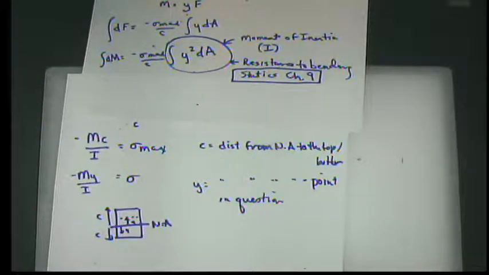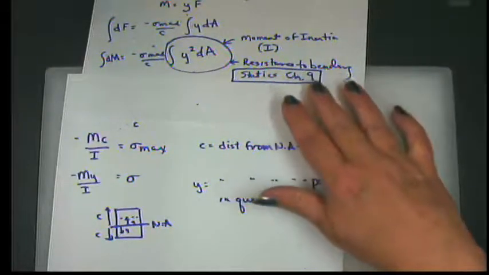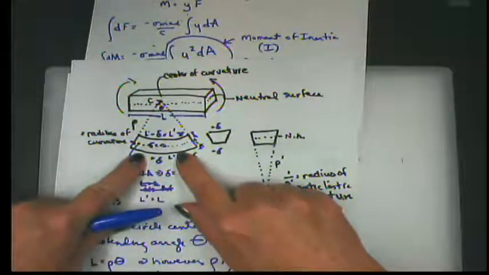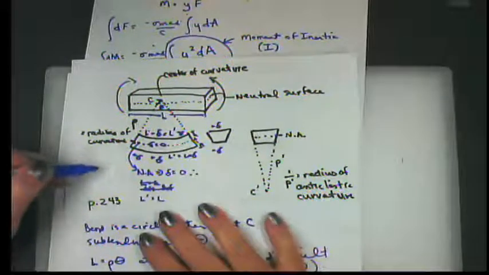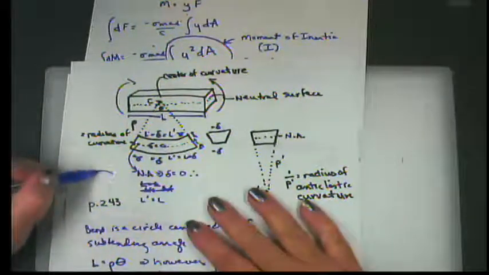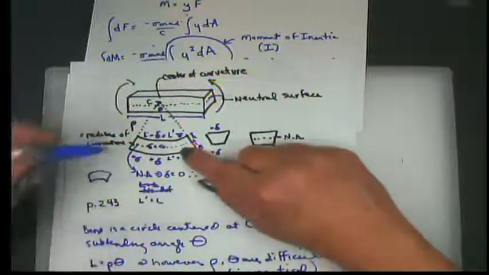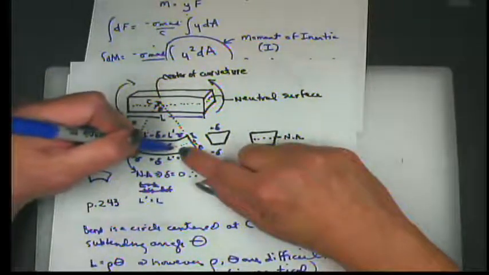So in terms of sign convention, if your structural member is bent in this shape, that's a positive moment. If it's bent opposite, as you recall, like this, that is a negative moment. Y is positive if you're going up.